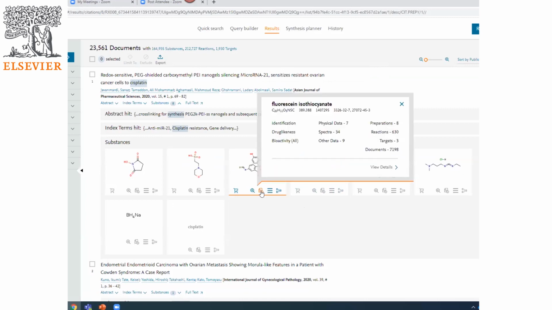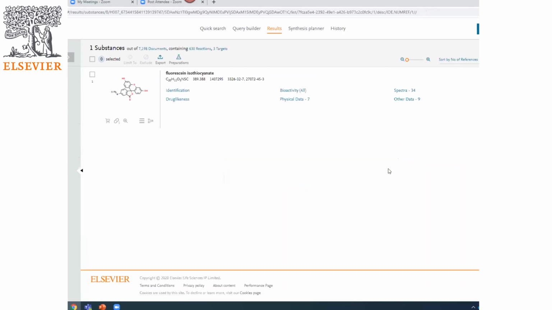Details are what is available in Reaxys: molecular weight, CAS number, Reaxys ID, linear formula, also the available data, such as the amount of physical data, spectral data, other data, bioactivity. Is there any preparation? What are the reactions of this compound? What are the documents? So if it's of interest, you can always click view details.